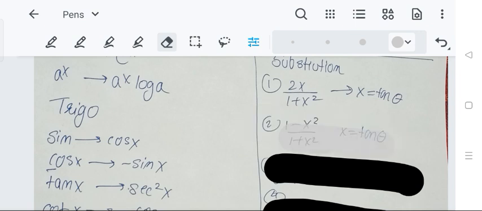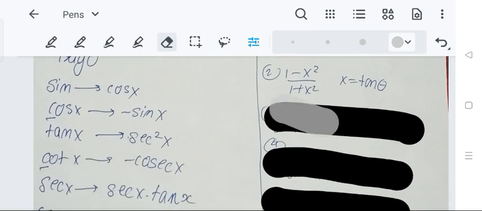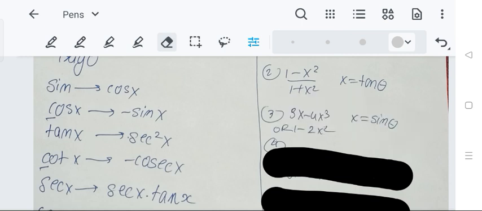If you get terms like 1 minus x square divided by 1 plus x square, then you also put x is equal to tan theta. If you get terms like 3x minus 4x cube or 1 minus 2x square, then put x is equal to sine theta.